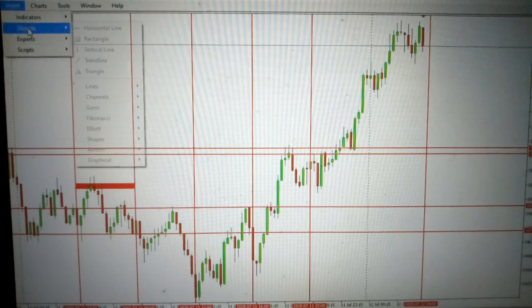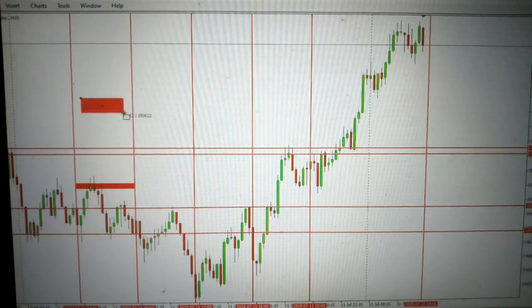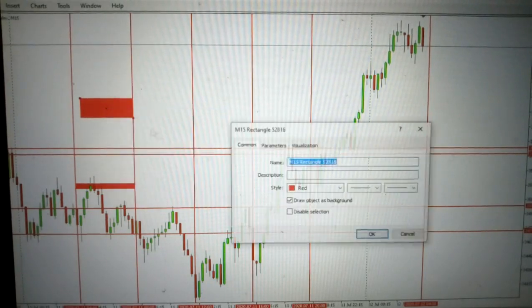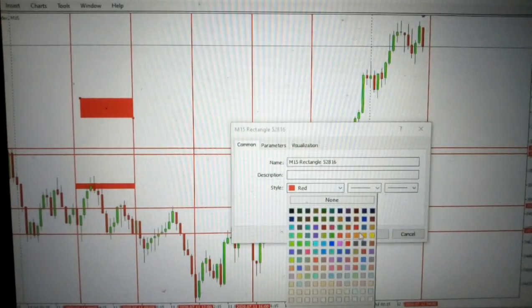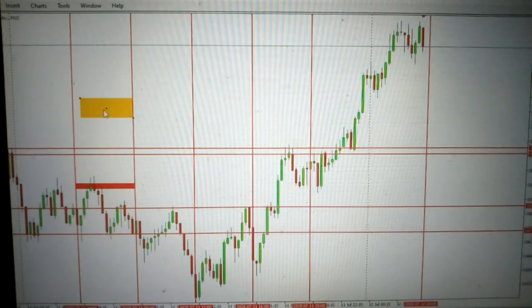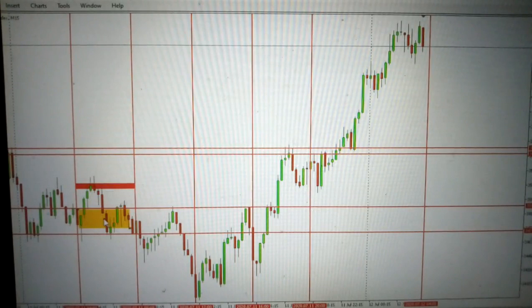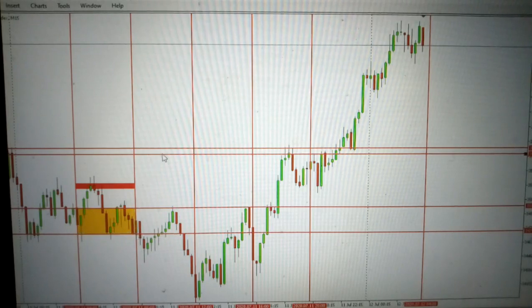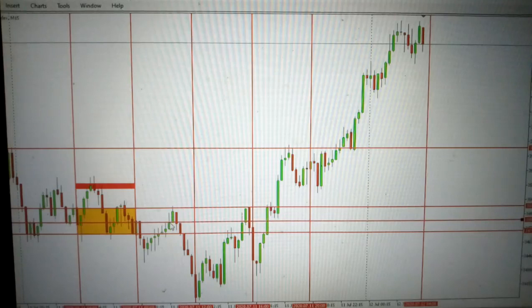My current box, let me highlight it with another color. This is my current rectangular box. So I'm going to divide this rectangular box into two. Okay, this is divided into two.